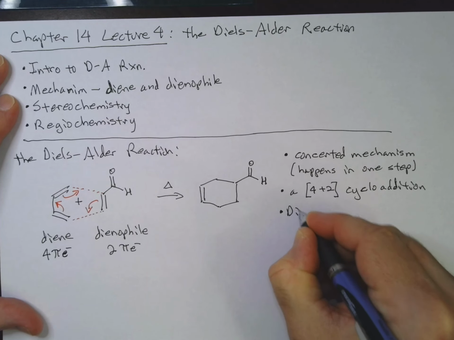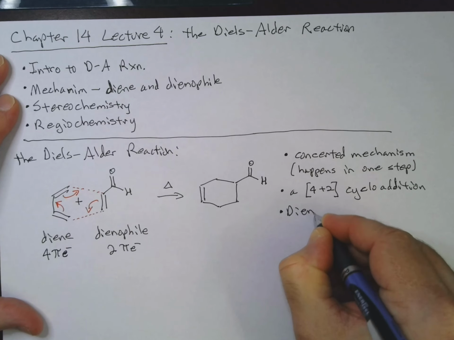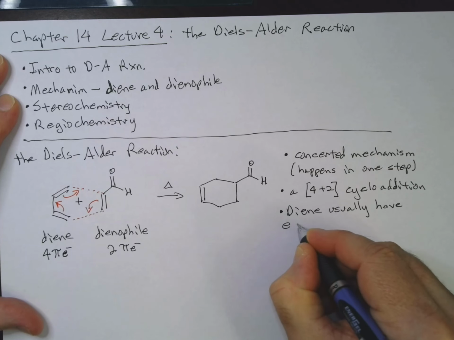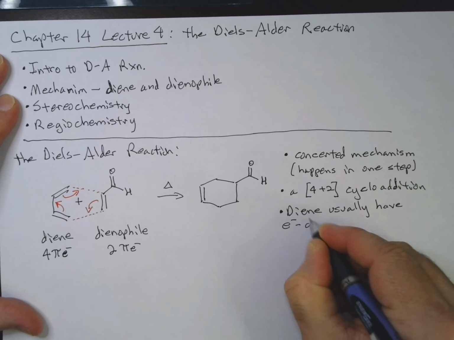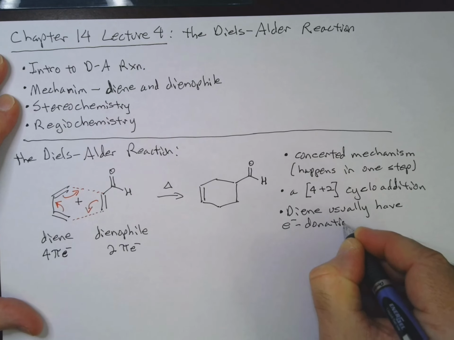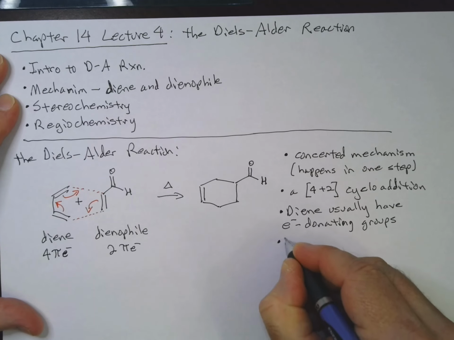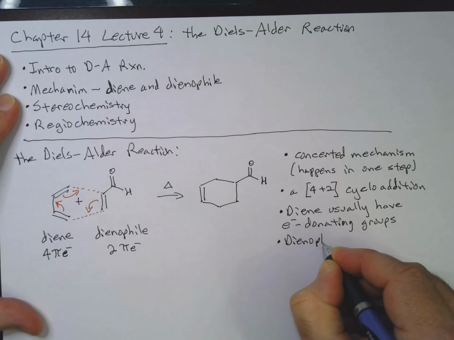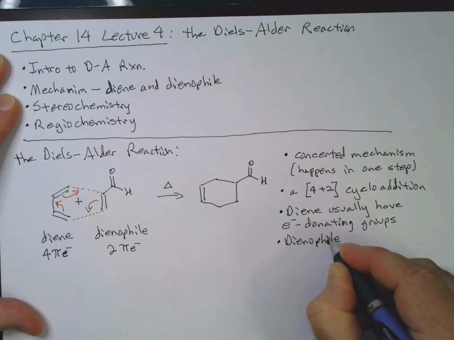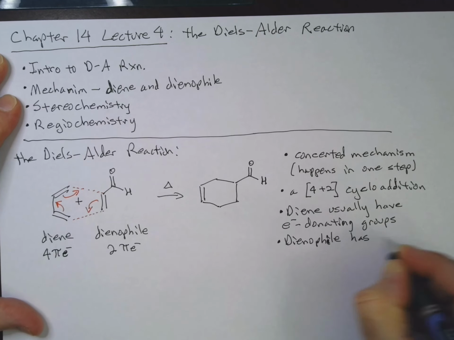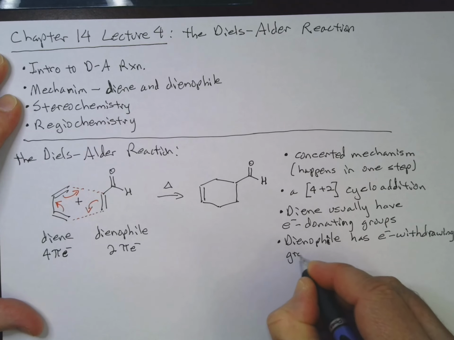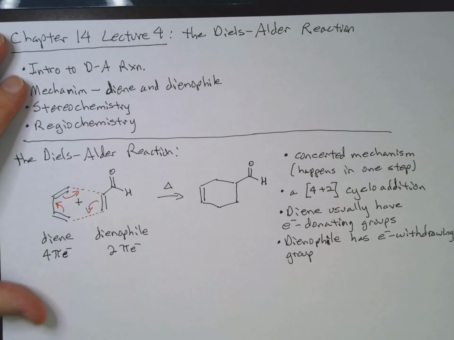Okay, so our diene is going to usually have electron donating groups, and our dienophile is going to have an electron withdrawing group or groups.